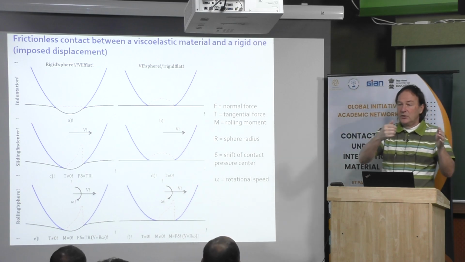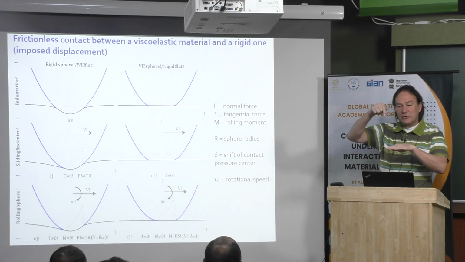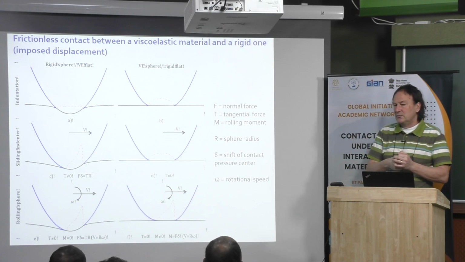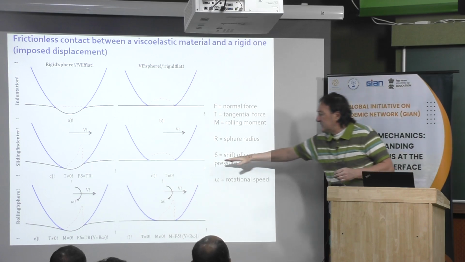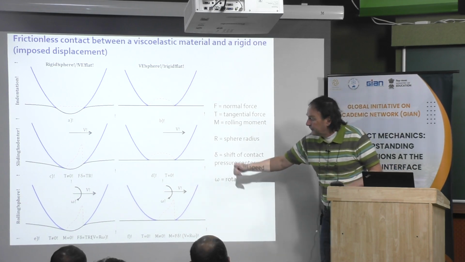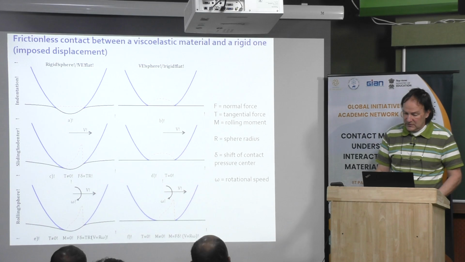Now if you try to slide, it will be the same solution, because you keep the load or the displacement constant, and then there is no reason for it to change. Because this is a flat surface, and it is rigid. There is no plowing effect in this situation.